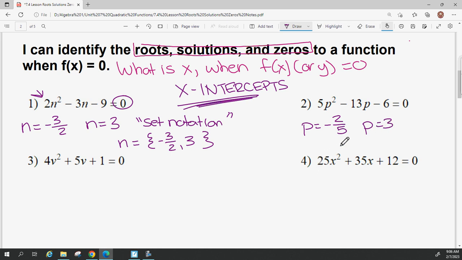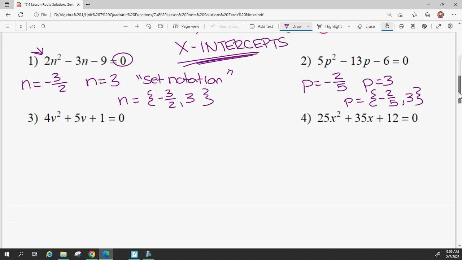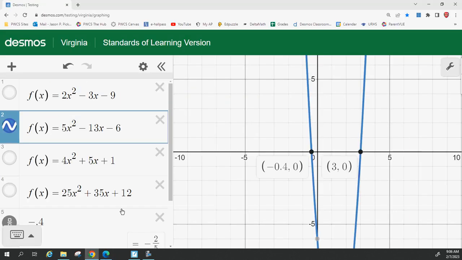Those are our solutions. And I'm going to write them in a solution set so you can see both ways to report your answer. So whenever you're asked to identify roots, solutions or zeros, this is what we're doing. We're graphing and we're finding the x-intercepts.